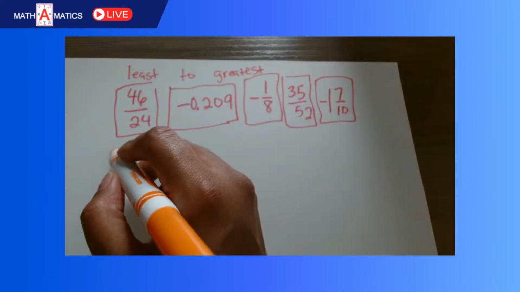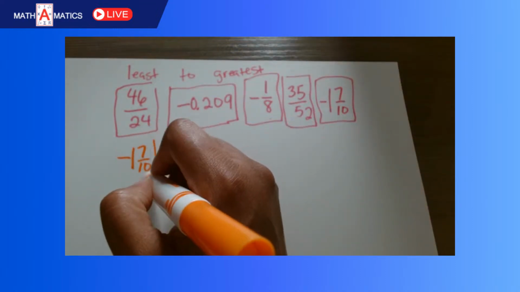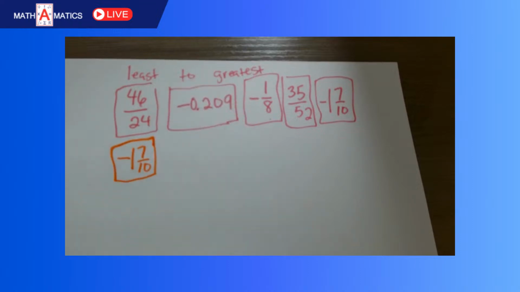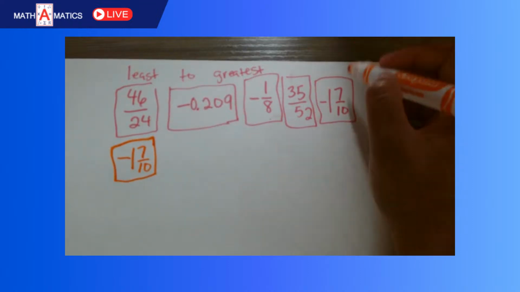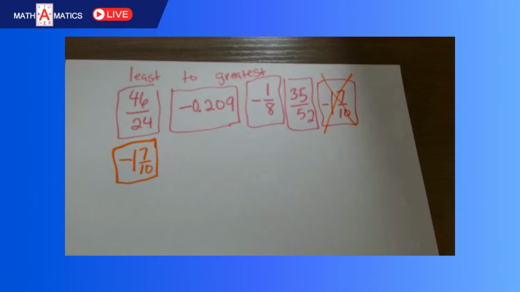So actually that will be our first one right here. That's good to know. I just know that off the top of my head. But if you are a student, you may not know what 1/8 is as a decimal.